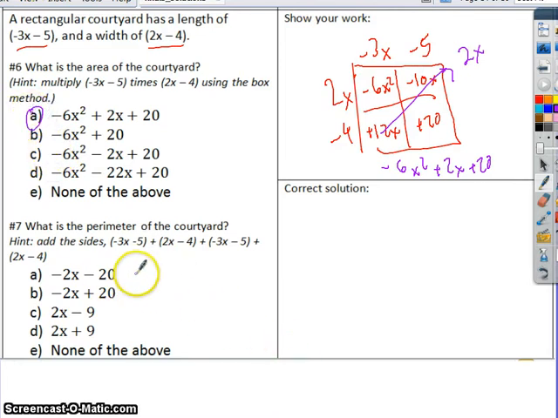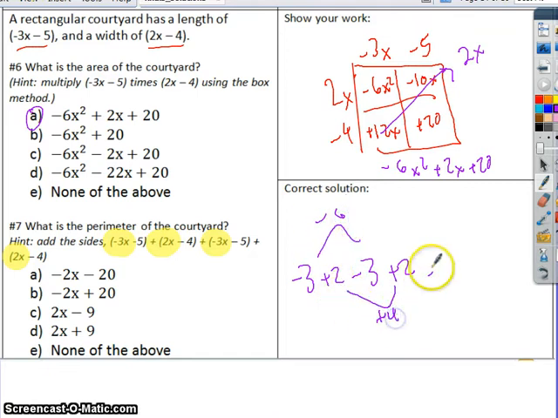And then for the next one, I have to add all my like terms together. So I'm going to add negative 3x, 2x, negative 3x, and 2x. So in the x's, that's minus 3 plus 2 minus 3 plus 2, which gives me negative 6, and positive 4 gives me minus 2 in the x's, and those were the yellow highlighted terms.